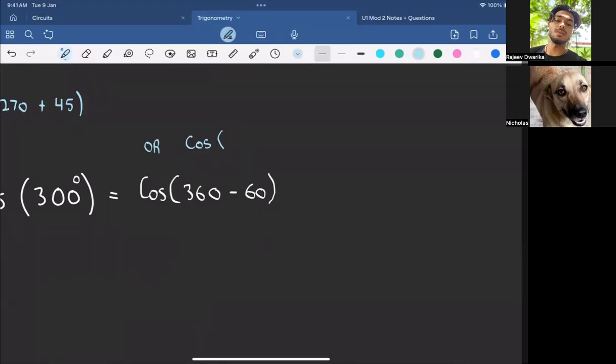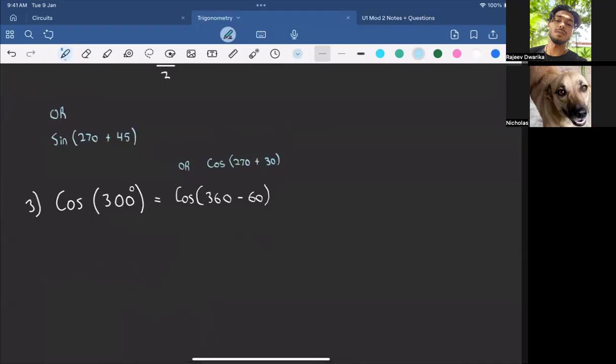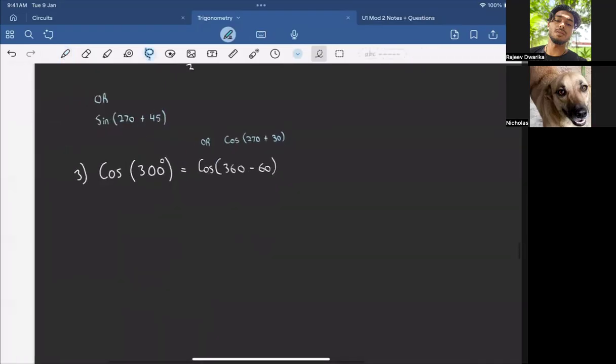Yep, that's it. So that's two ways you could do it. You could say cos 360 minus 60, or you could say cos 270 plus 30. Regardless, you'll get the same answer, because maths is cool.